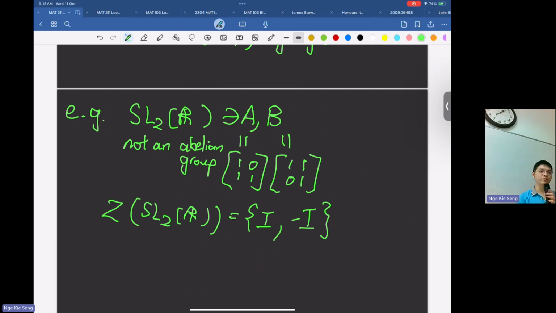So these are the only two actually in this case. Identity is always in there because just now we already proved the center has to be a subgroup. Identity is always in the center. And the center of GLn should be all the scalar matrices.